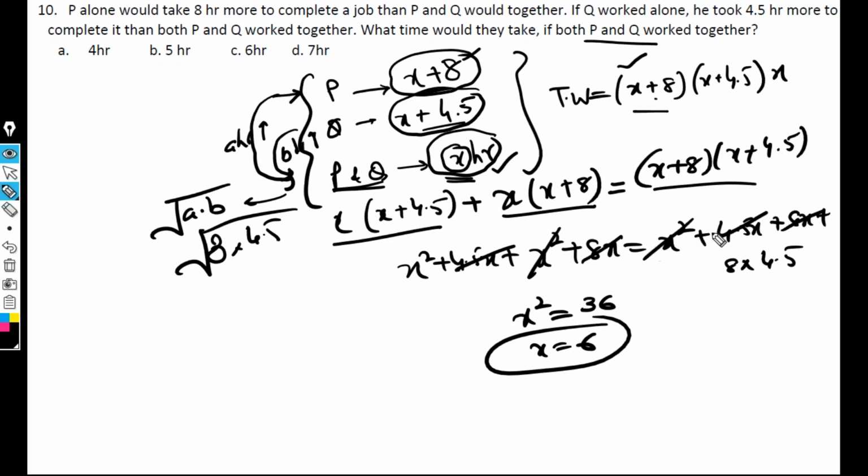Because all the other values in these kind of cases always get cancelled out, and they are the only two values we are always left with.